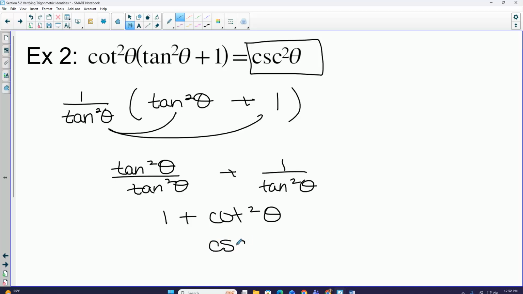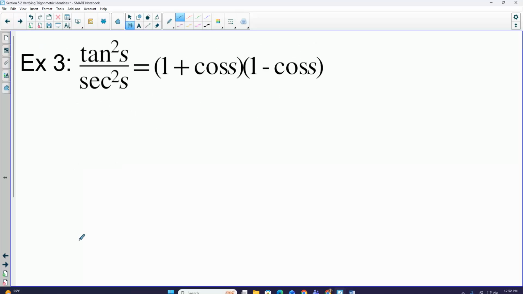That's one of the Pythagorean identities we wrote down yesterday. Is that one all right?